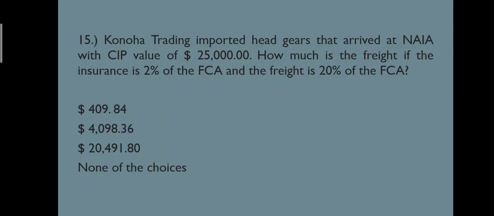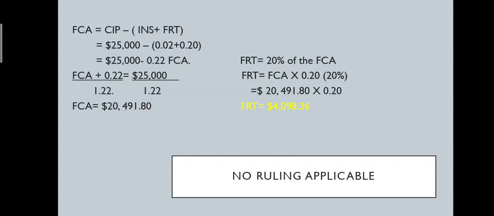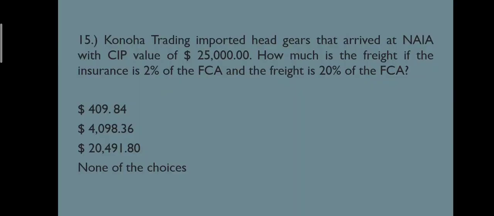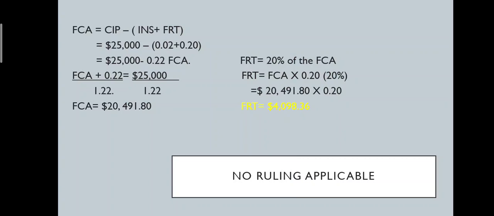Ang formula sa FCA kay CIP, i-minus nato siya sa insurance og freight. Ang given kay ang insurance kay 2%, then ang freight kay 20%. So ang 0.02 add sa 0.20, mao na natay 0.22. So bring down $25,000 minus sa 0.22.